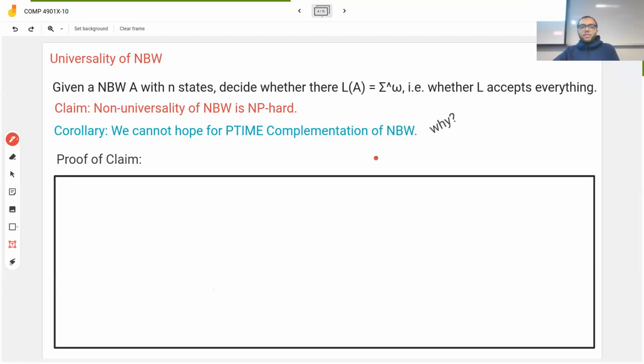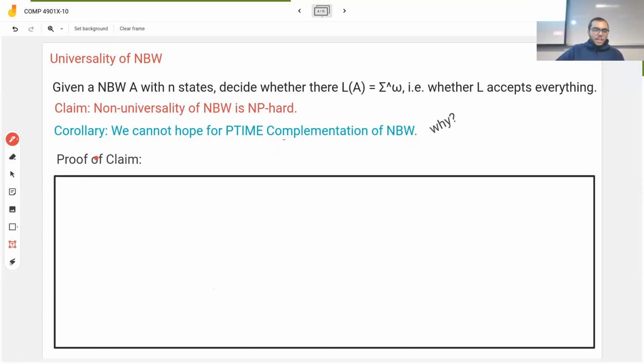So basically, if you find an algorithm that complements a non-deterministic Büchi automaton in polynomial time, you have proven that P is equal to NP. And this is, of course, a big open problem, and I don't expect any of you to solve it. So okay, we cannot really hope for a polynomial-time complementation.